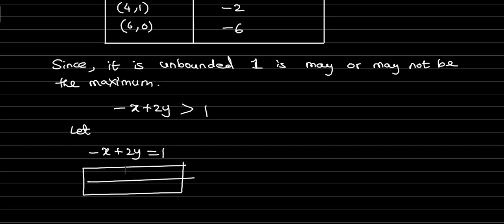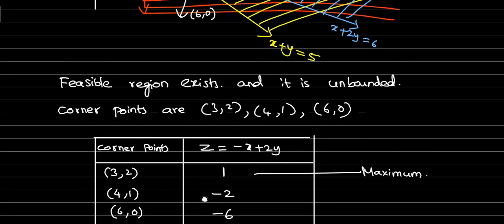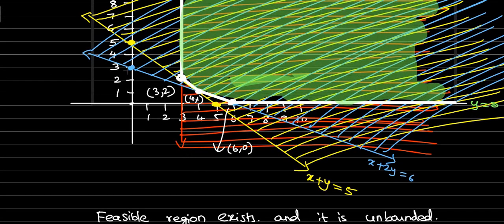To draw the line of minus x plus 2y equal to 1, minimum 2 points are required. If x is 0, then 2y equal to 1, so y equals 1 by 2. We are getting y as 1 by 2. If y is 0, minus x equal to 1, so x is minus 1. Now let's plot these points: 0 comma 1 by 2, which is 0 comma 0.5, somewhere between 0 and 1.